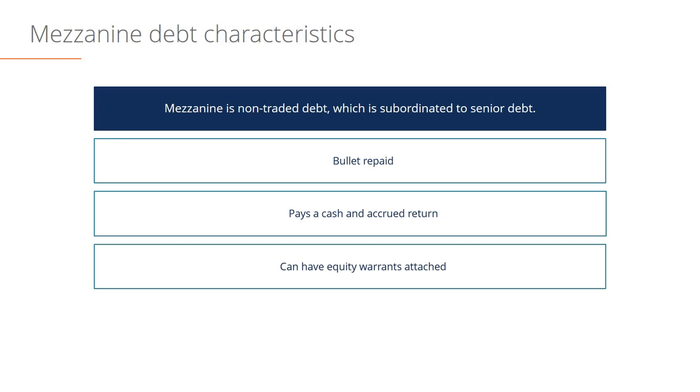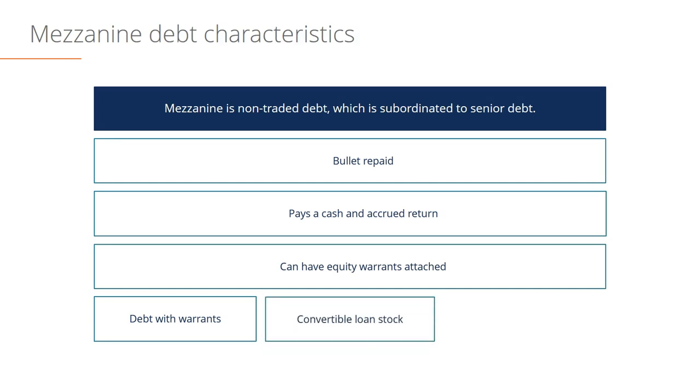It's almost a sweetener on top of the return that they're expected to get on the actual interest payments. So there's debt with warrants, or convertible loans that entirely convert into equity, or convertible preferred shares. All of these 3 examples have equity exposure built into the debt security.